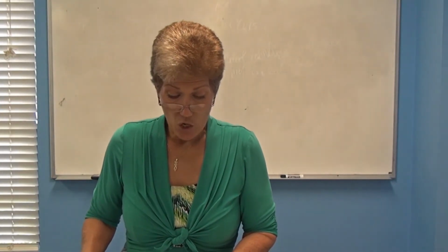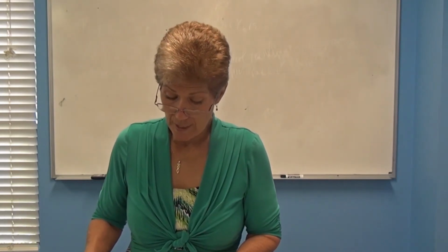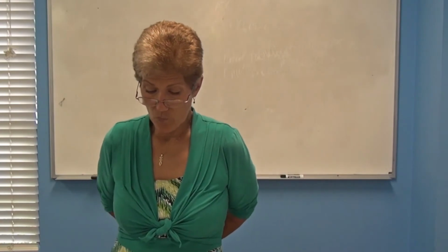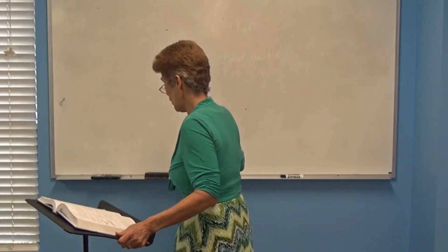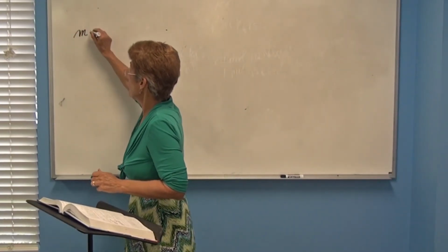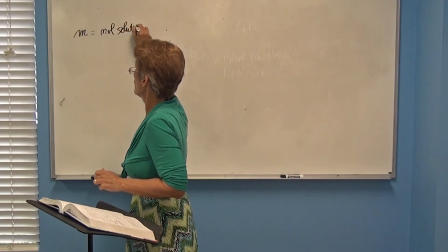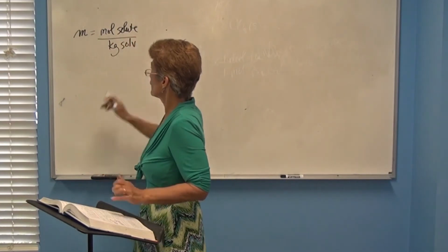Number 17, you make a solution by mixing 67.8 grams of potassium chloride and 450 grams of water. What is the molality of the solution? Well, remember, molality, which is little m, equals the moles of the solute divided by the kilograms of the solvent.